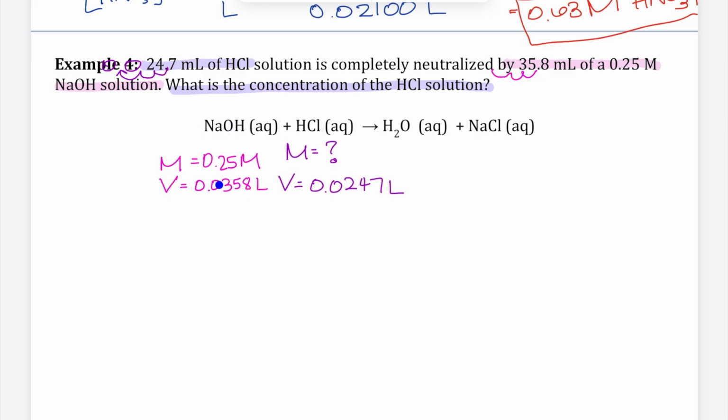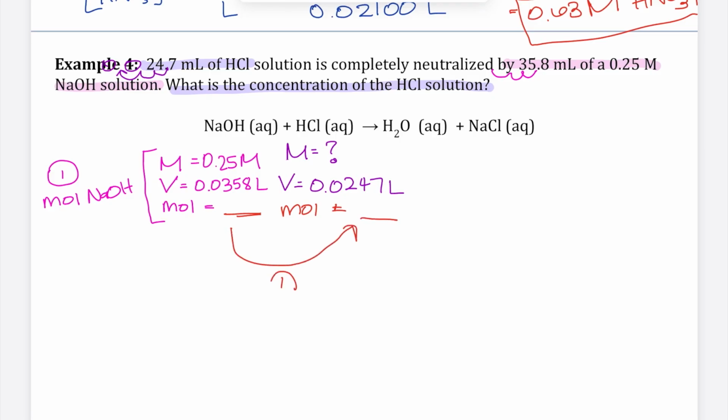So how do we get from here to here? Just like we did the last time, we know 2 pieces of information about that. And in order to go between our chemicals, we need to know moles. So my first step is going to be to find moles of that NaOH using that molarity formula. My second step then, once I find this value, is to find moles of our HCl. So we can do stoich to go from moles of NaOH to moles of HCl.